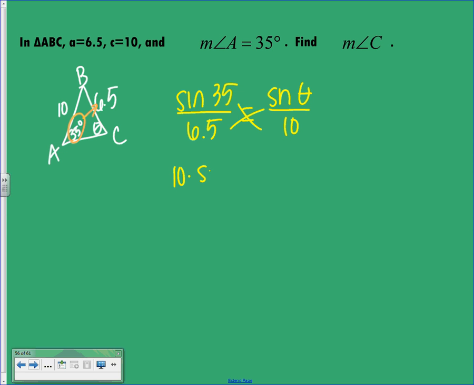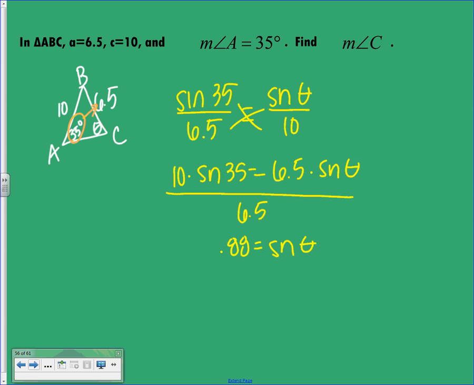So hopefully remember from here you're going to cross multiply. So I'd get 10 times the sine of 35 equals 6.5 times the sine of theta. I'm solving for theta, so the next thing I would do is divide by 6.5. So that would give me 0.88 equals the sine of theta. And to get theta, we would take the sine inverse of 0.88. So my final answer is 61.94 degrees.